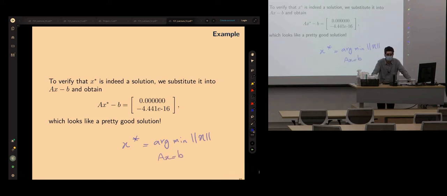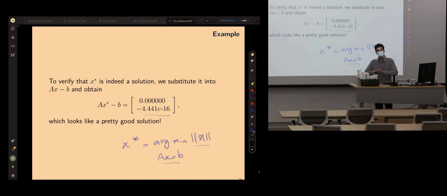It's only a solution of this problem if it's the minimum and also satisfies this equation. So we check if it satisfies the constraint, Ax minus b, and it does. This is practically 0. It's a pretty good solution.